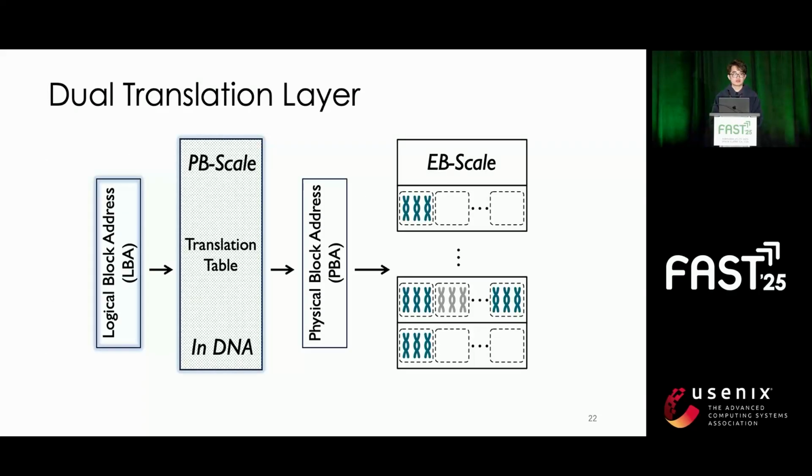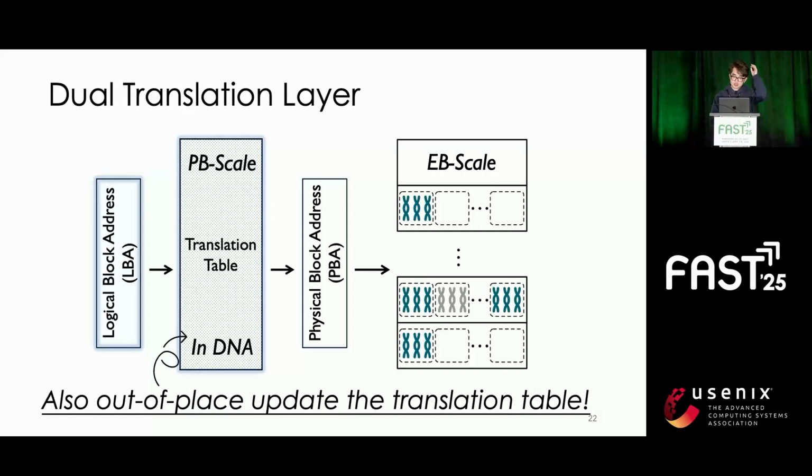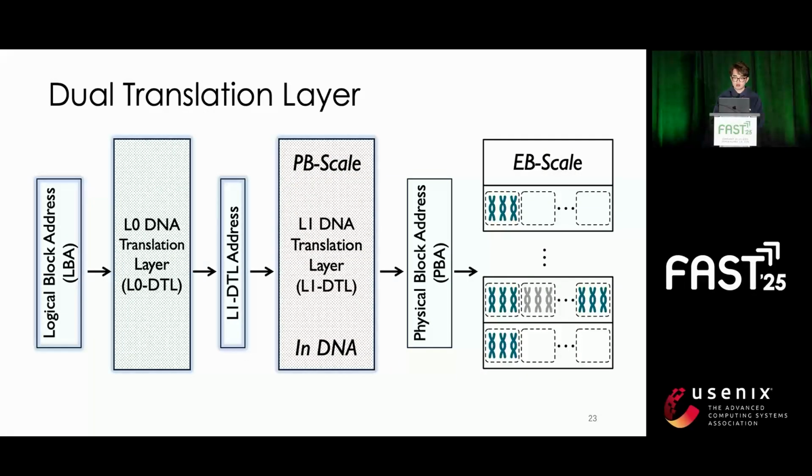We propose the dual translation layer to reduce the cost of updating the translation table entry. Specifically, we also update the translation table out-of-place. Therefore, we introduced another layer to support out-of-place update in the translation layer. And now we have two layers, the L0 and the L1 DNA translation layer.